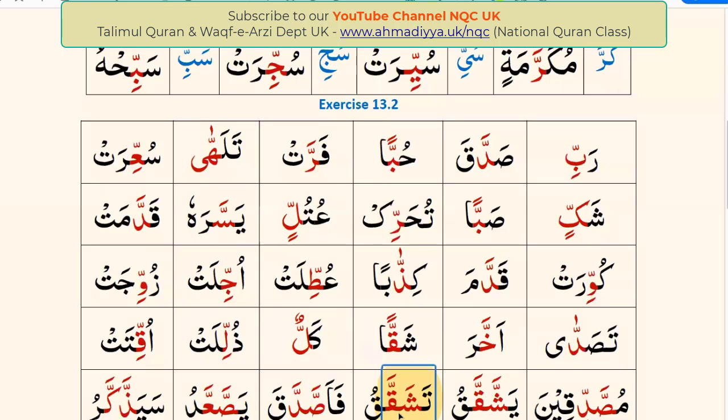Okay. تشتق. Can you see the letter clearly? What letter is this? Ta. Can you see the letter clearly? Qaf. Qaf, well done, excellent. Now have another go. تشقق. Very good, excellent, really, really nice. Pushing down on the letters there as well. Well done. Next one, this one here.